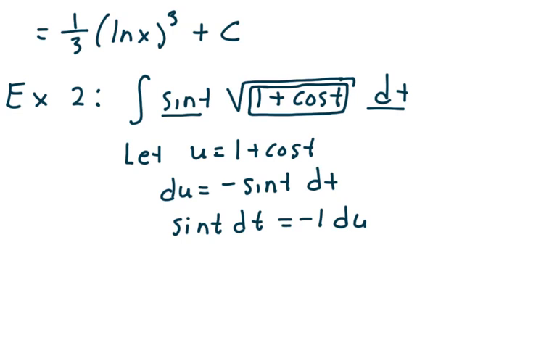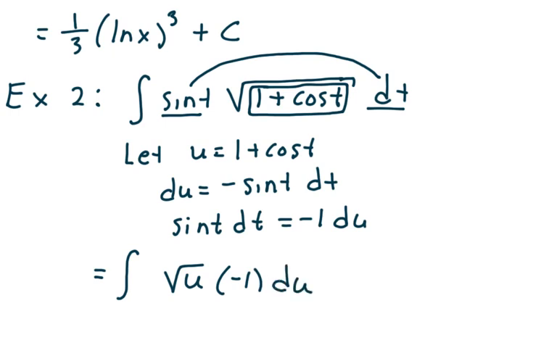So I have an expression now for sine t dt. And so this is the integral of square root of u times negative 1 du. So sine t dt became negative 1 du, and I'm going to move the negative to the outside of the integral. So you have negative square root of u du.